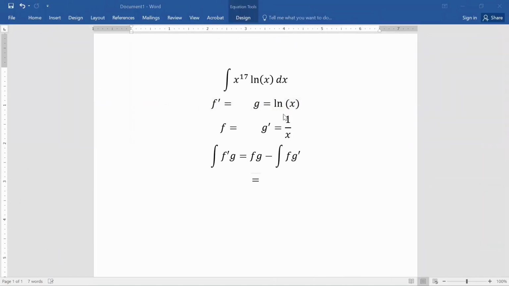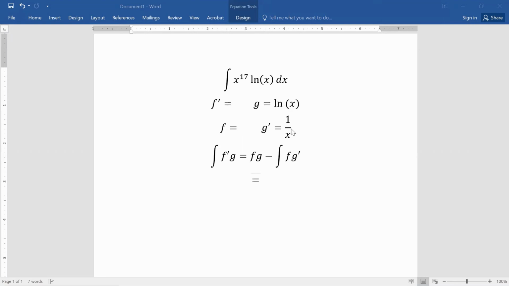Just like last time, we need an f prime and a g. I'm going to set the g equal to natural log so that I know what g prime is. If I set the f prime as natural log, I wouldn't know the antiderivative of natural log off the top of my head probably.